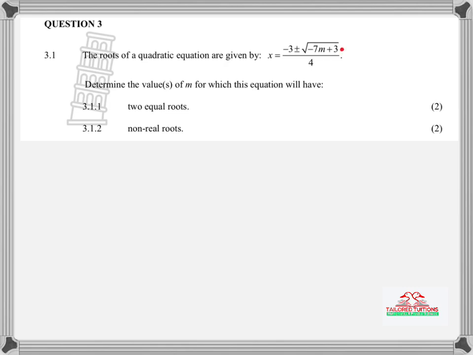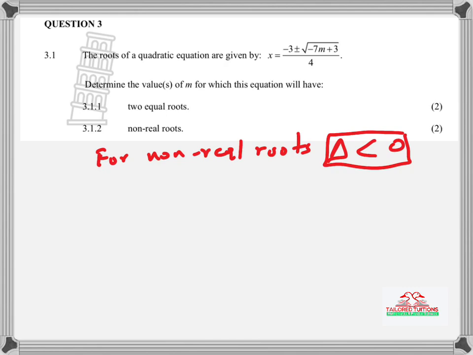But remember, in mathematics, if we are talking about a negative number, we can also say that number is less than 0. Hence, we are going to say for us to have non-real roots, the discriminant must be what? Less than 0. That is our first statement.